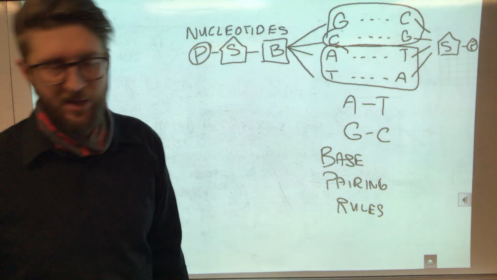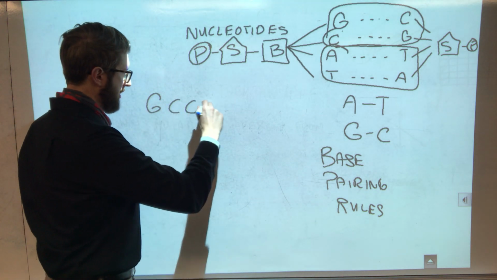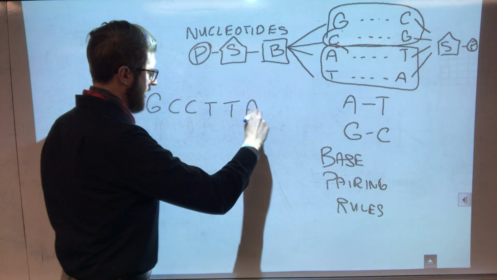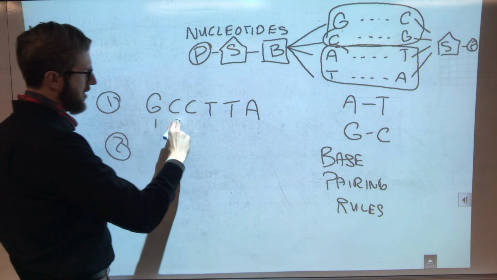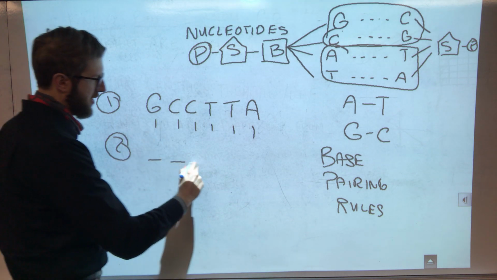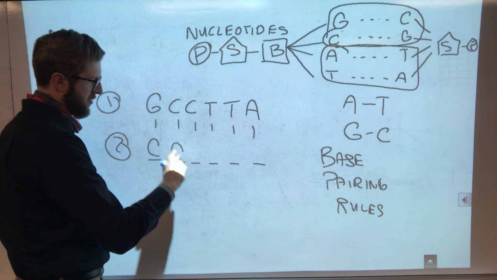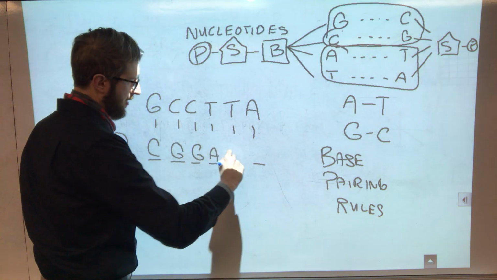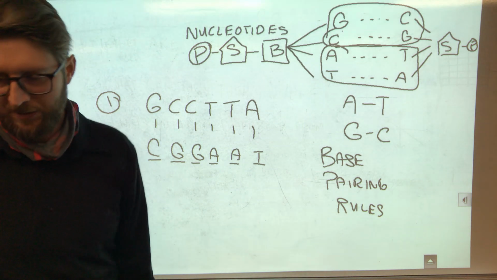So if you have a segment of DNA that is G, C, C, T, T, A, if that's strand 1, well, across from it on strand 2 will be, what will be here? Across from G is C, G, G, A, A, T, right? That's DNA in a nutshell, okay?